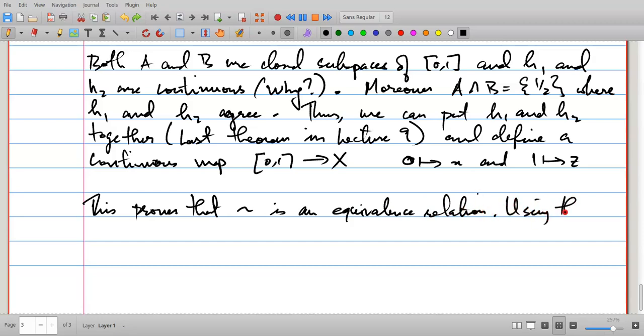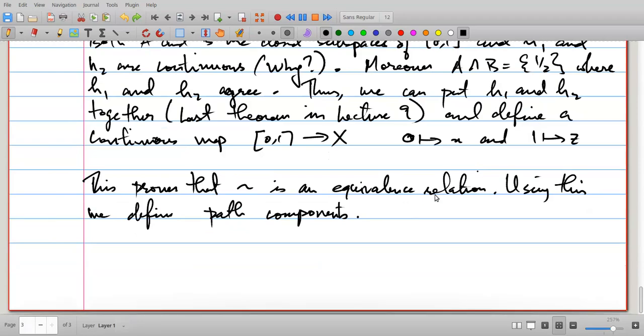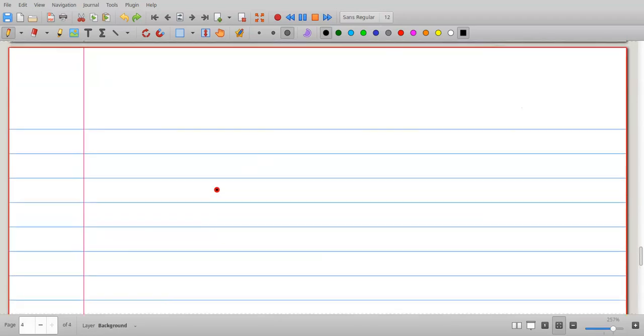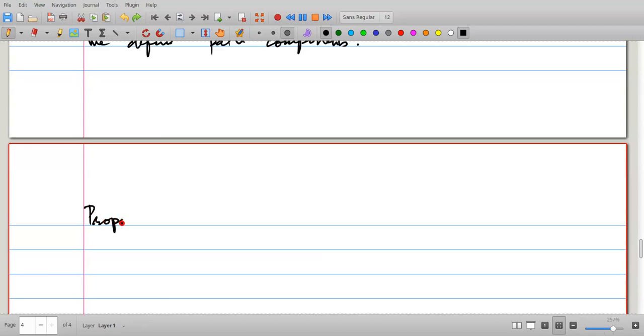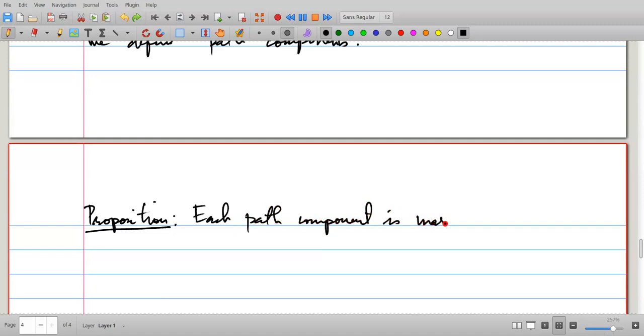So using this, once again we can break it into equivalence classes, and each equivalence class is called a path component. So once again we have a similar proposition. Each path component is maximally path connected.